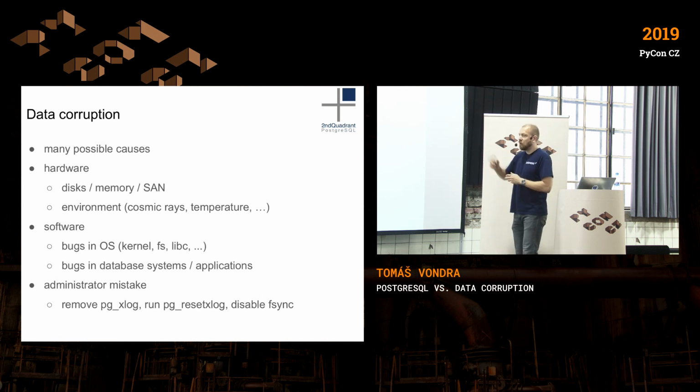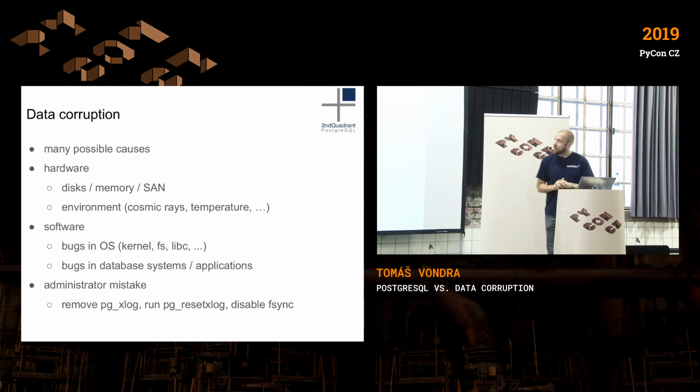And obviously, we have bugs in Postgres itself, right? It's more than 1 million lines of code. And even if we have a lot of tests, we are very careful about correctness, and we do our best to keep your data safe, once in a while, we have bugs, right? So that's why it's important to keep your database up to date.